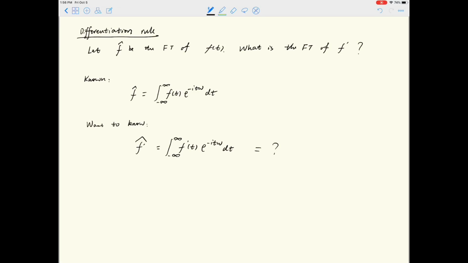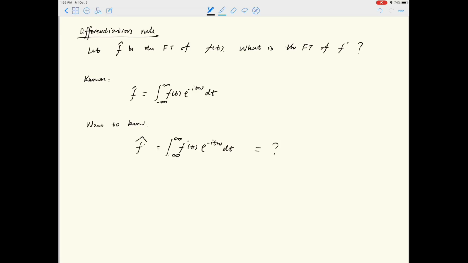So we want to figure out what this new integral is from what we know already. Now how to evaluate this integral? If we were in a classroom, I would have asked you to suggest how we go forward. But now you are not in front of me, so I have to do it myself. What to do with this integral?